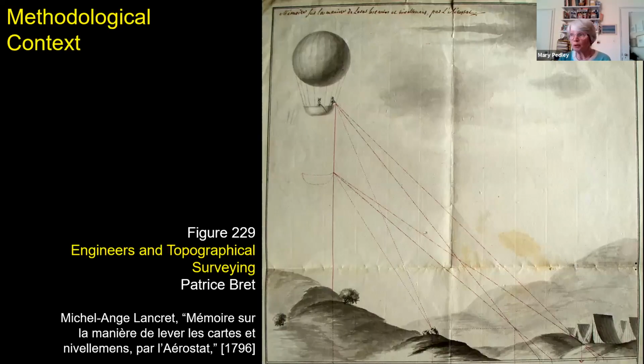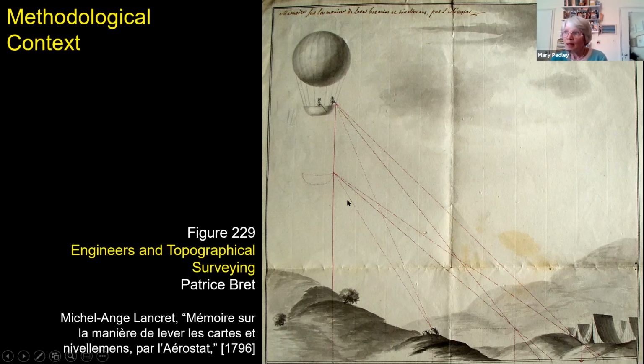But with the hot air balloon, you had a different situation. And this particular drawing is of a hot air balloon that's using a new kind of sextant for measuring angles that could be used. There's one problem with a hot air balloon, is that it doesn't stay still, it moves along.